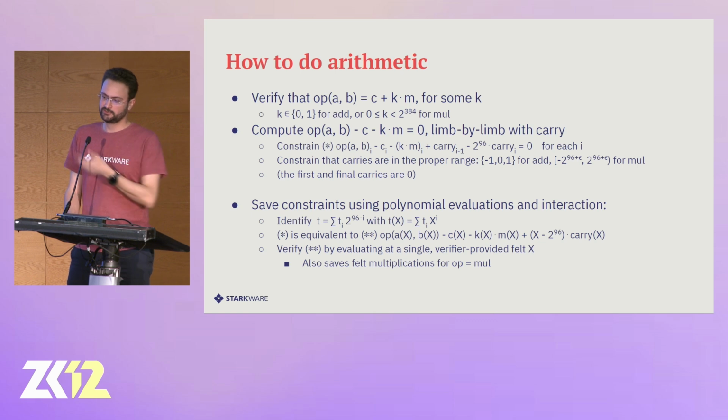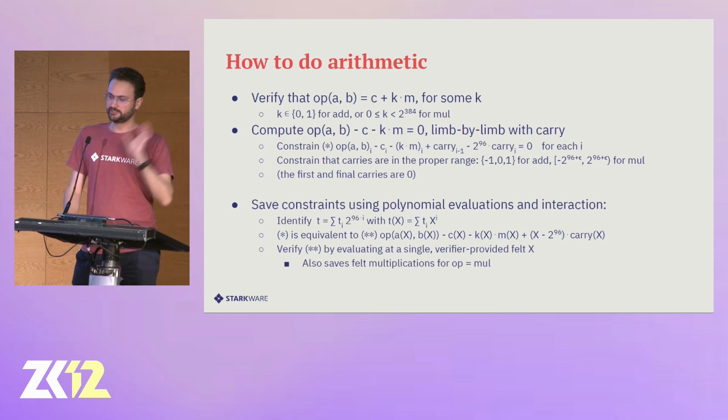And we notice that this constraint star on the carries that we had for each i is actually a constraint about coefficients of a certain polynomial that's written there, which is op(A(x),B(x)) minus C(x) minus k(x) times m(x), plus this interesting thing, (x minus 2 to the 96) times carry. And this multiplication by x exactly gives us the shift by 1 that we have from the carries, that we get the carry from the previous one. x times carry(x), the ith coefficient of that is carry i minus 1.